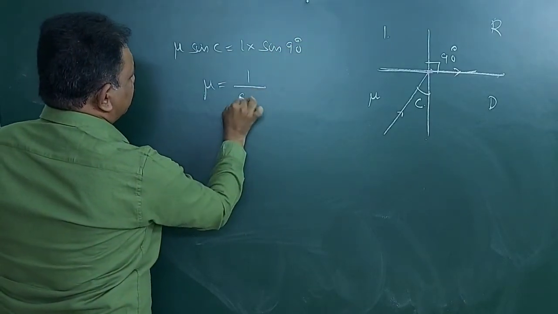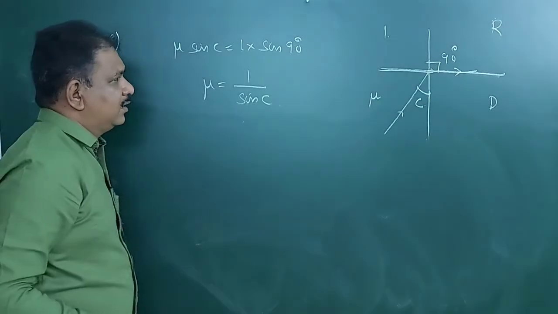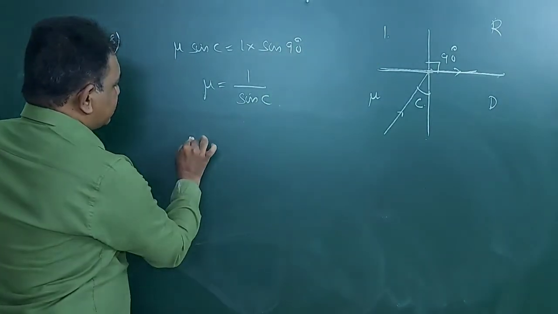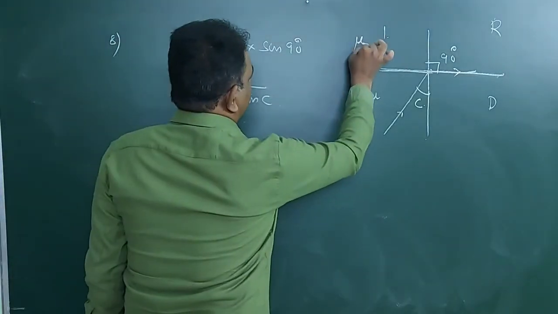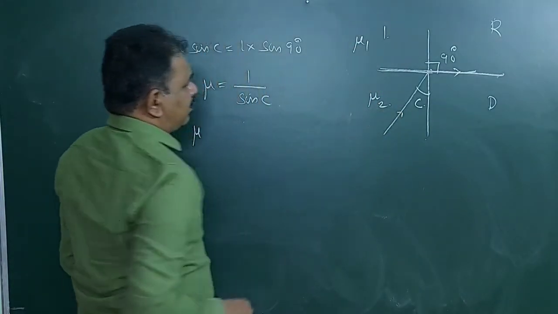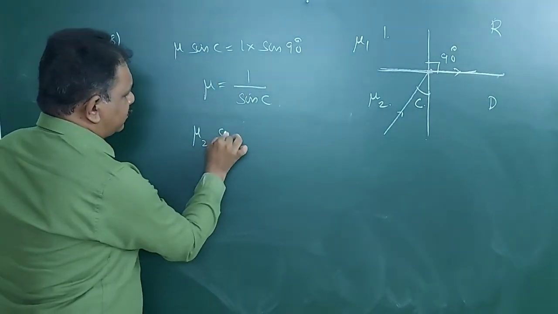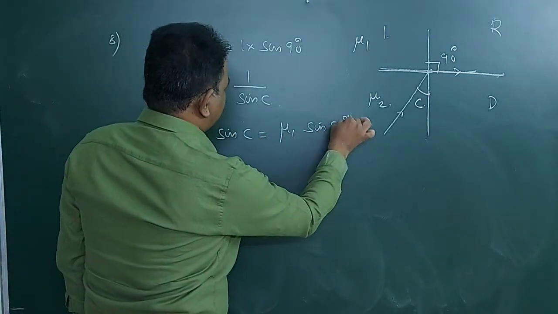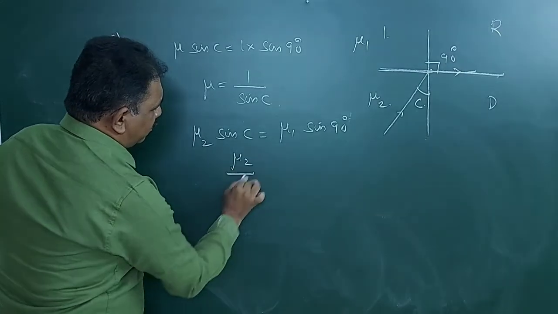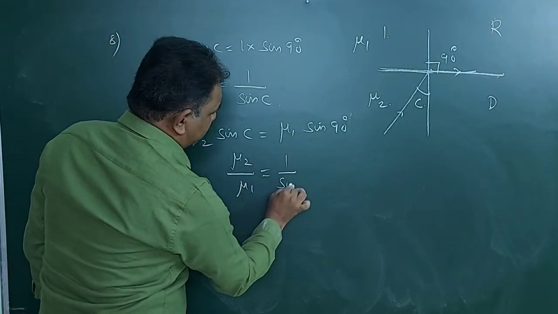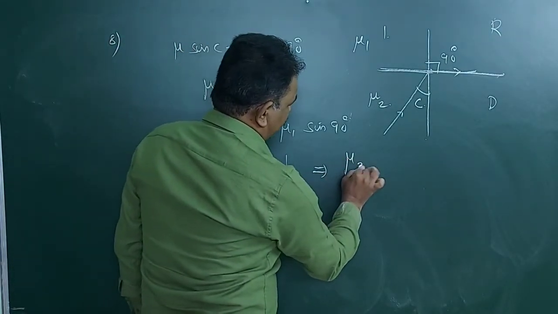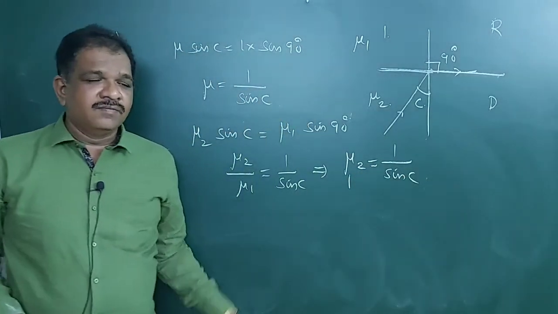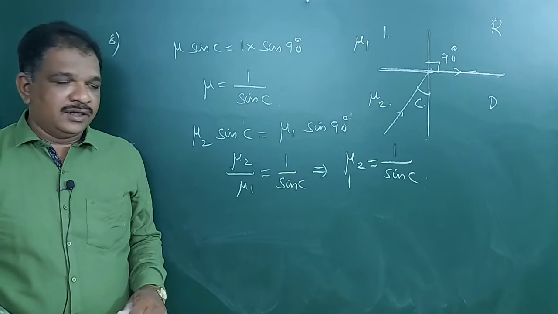So mu is equal to 1 by sin C. If this medium is not air, this medium refractive index mu1, this medium refractive index mu2, then mu2 sin C is equal to mu1 into sin 90, mu2 by mu1 is equal to 1 by sin C. So mu21 is equal to 1 by sin C. These formulas we will use there.